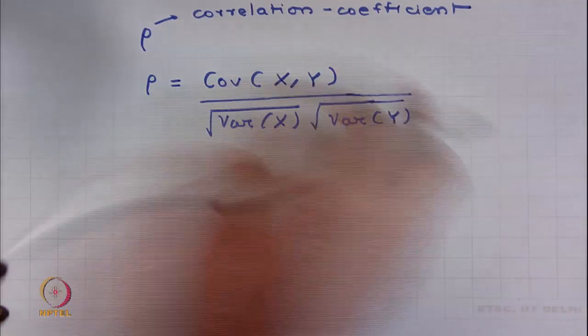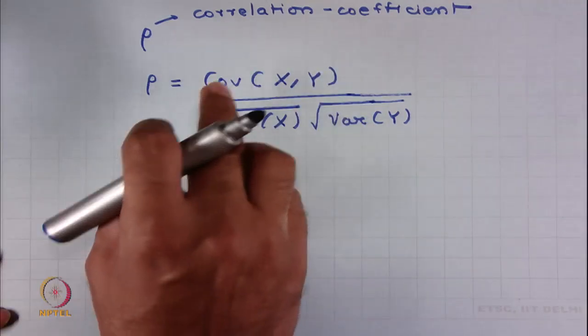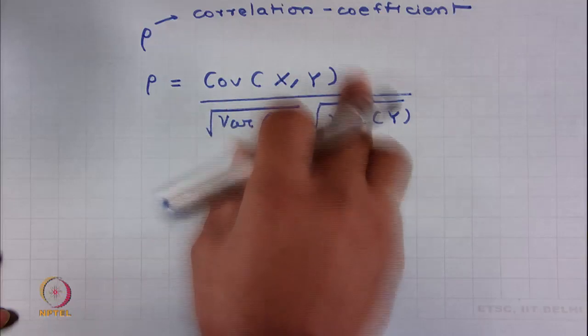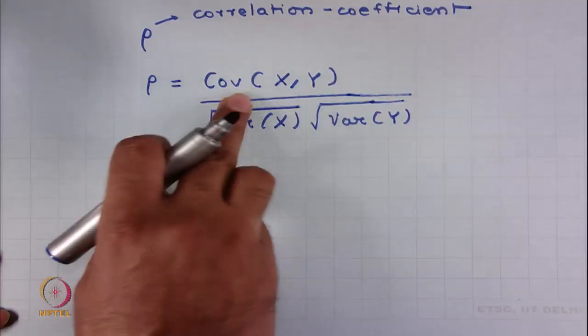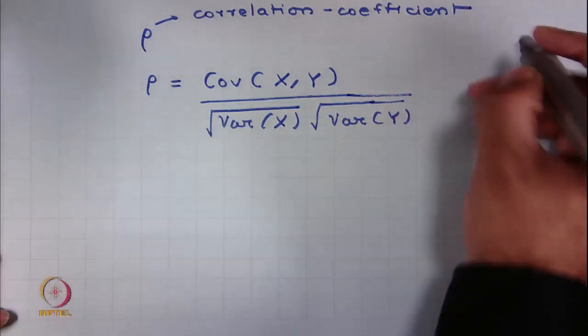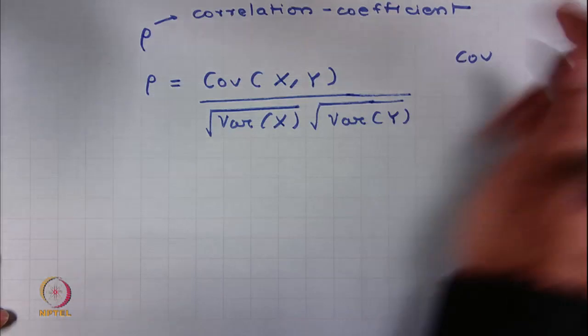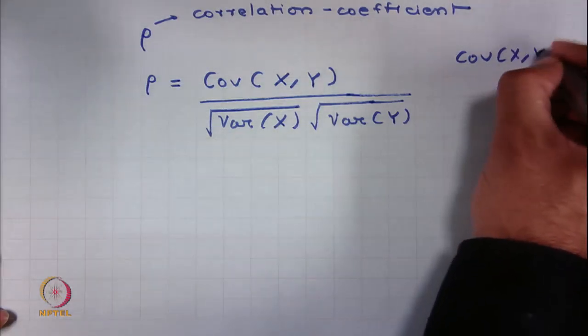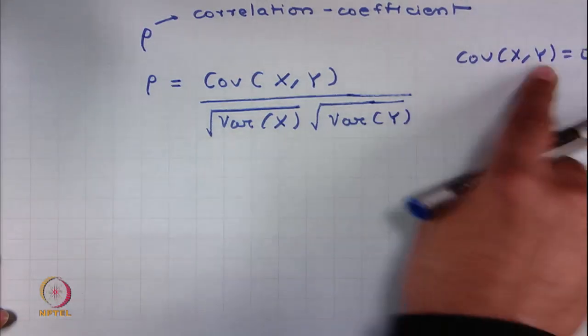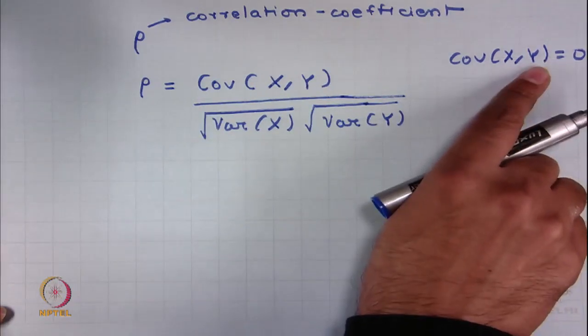Now, something interesting that you would have noticed concerning the name. Here we are taking the covariance, we are not taking the correlation, and still we are calling this the correlation coefficient. Last time also when we said two random variables are uncorrelated, we said that their covariance is 0, right. We said two random variables are uncorrelated if their covariance is 0, not their correlation.